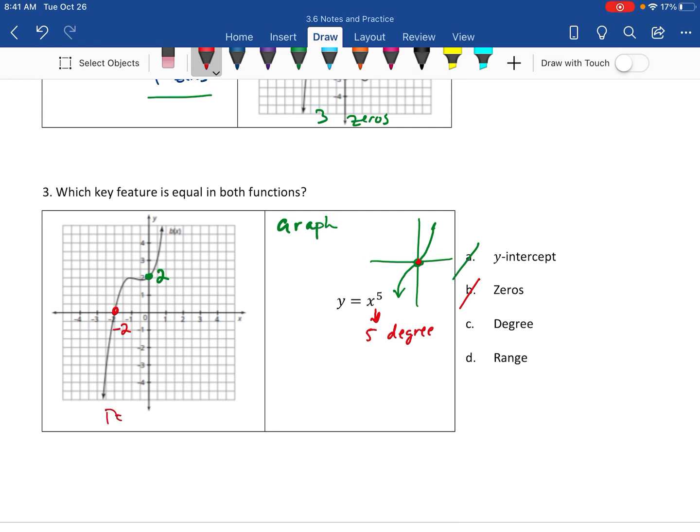The degree is unknown. So the only option we have is the range, which is true. The range for this one goes from negative infinity to positive infinity, and so does this one if you look at the graph.